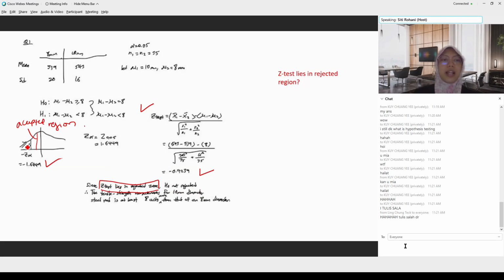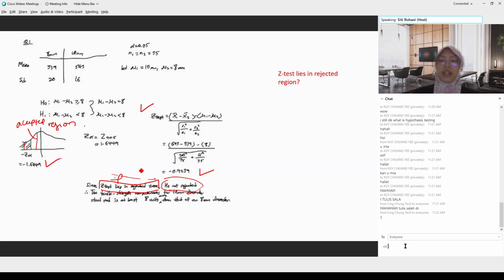If your z-test lies in the rejected region, that means you have to reject it. Be careful, because we have marks for this one. This one is wrong, but this one is correct. But because this one is wrong, I won't accept this answer. So make sure you are careful while doing this one.